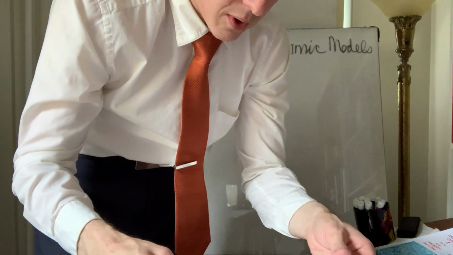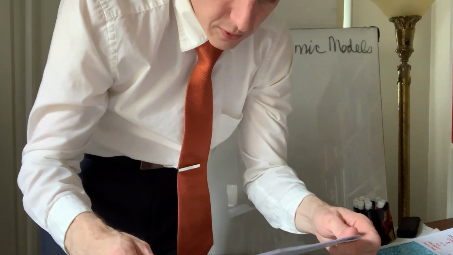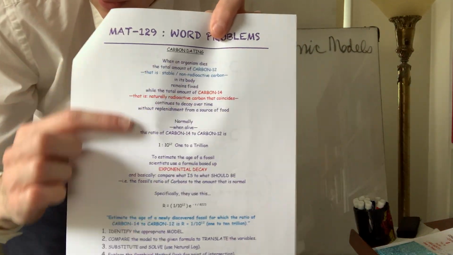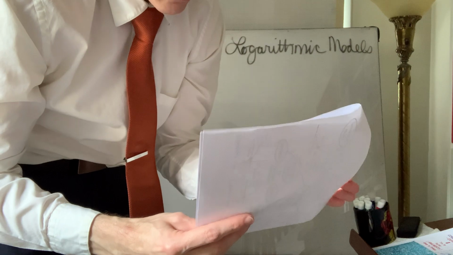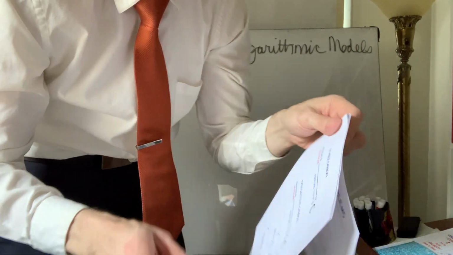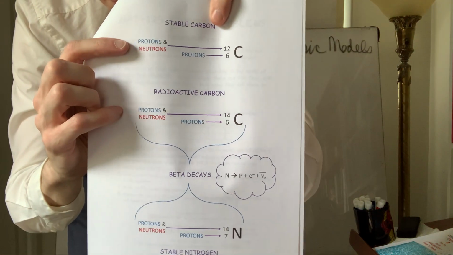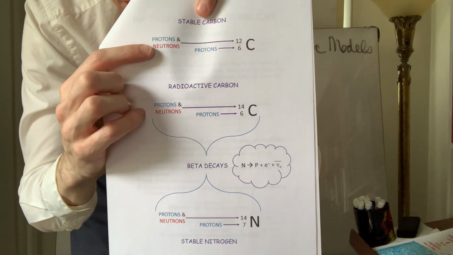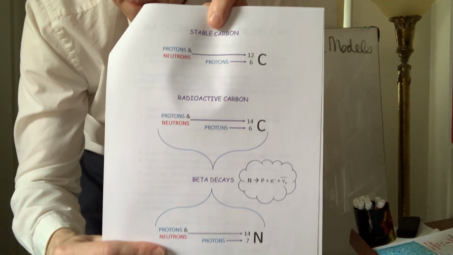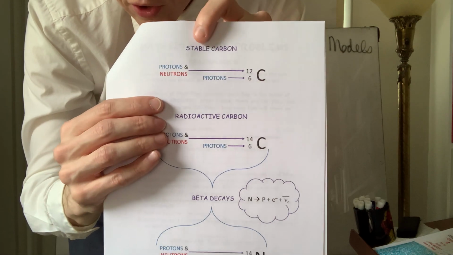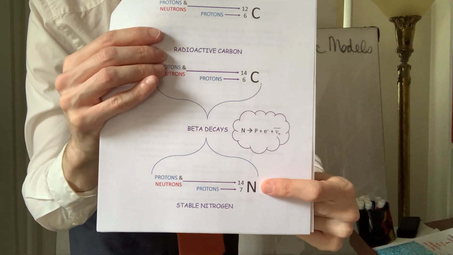Then there's a word problem about carbon dating, which to me was the most interesting. So I wanted to go through this with you. And I tried to make a diagram to explain exactly how this process actually works. So I drew some simple, it's not really a schematic per se, but the thought process to describe the transmutation of carbon into basically nitrogen.